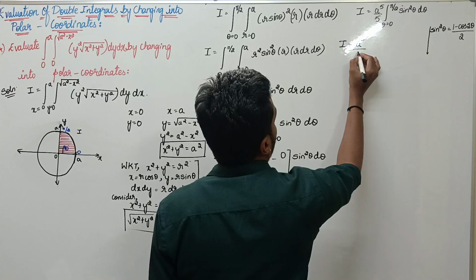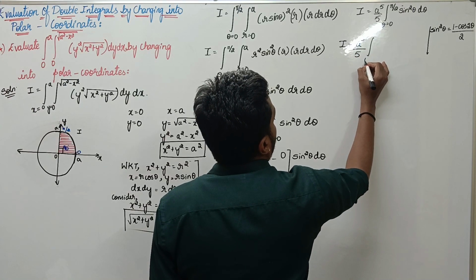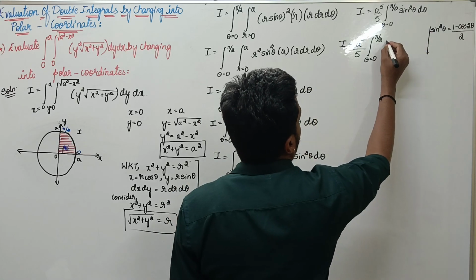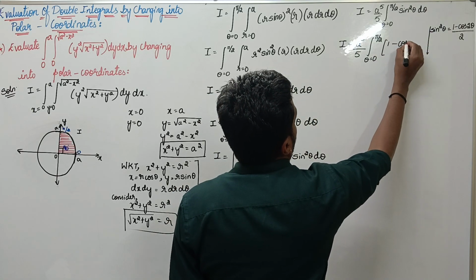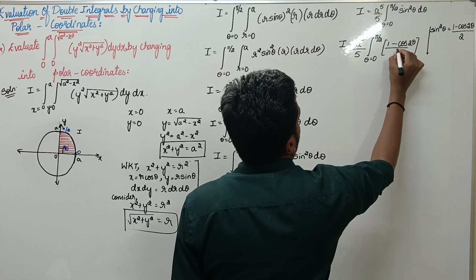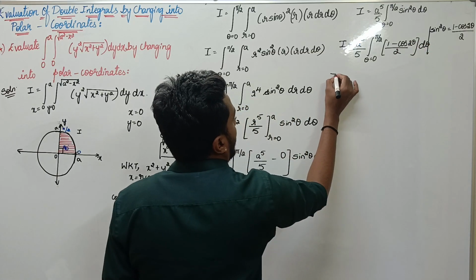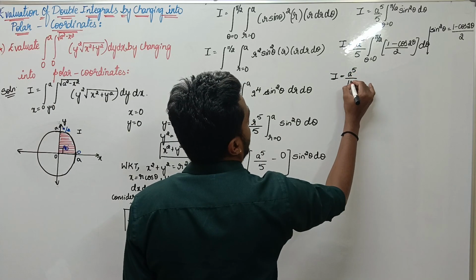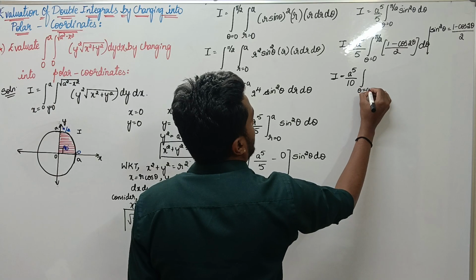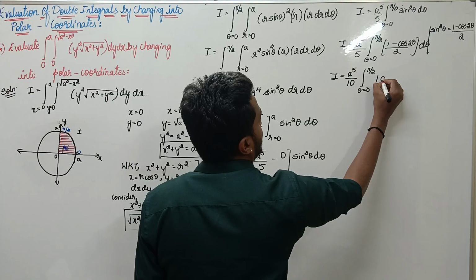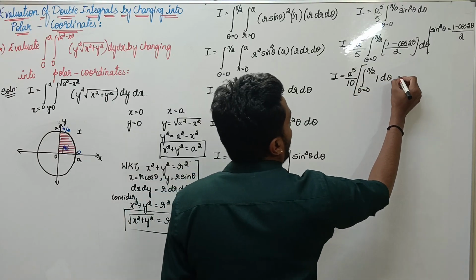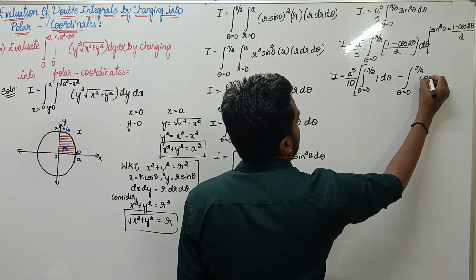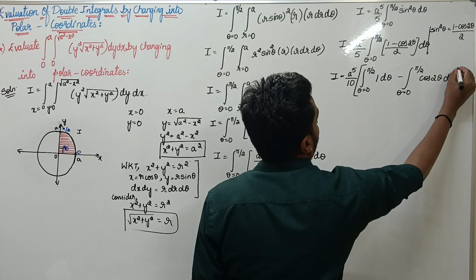So I equals a power of 5 by 5 into the integral theta from 0 to pi by 2, with sin square theta represented as 1 minus cos 2 theta divided by 2 into d theta. I take 2 as constant, so a power of 5 by 10 integral theta from 0 to pi by 2 of 1 d theta, and I split minus integral theta from 0 to pi by 2 cos 2 theta d theta.